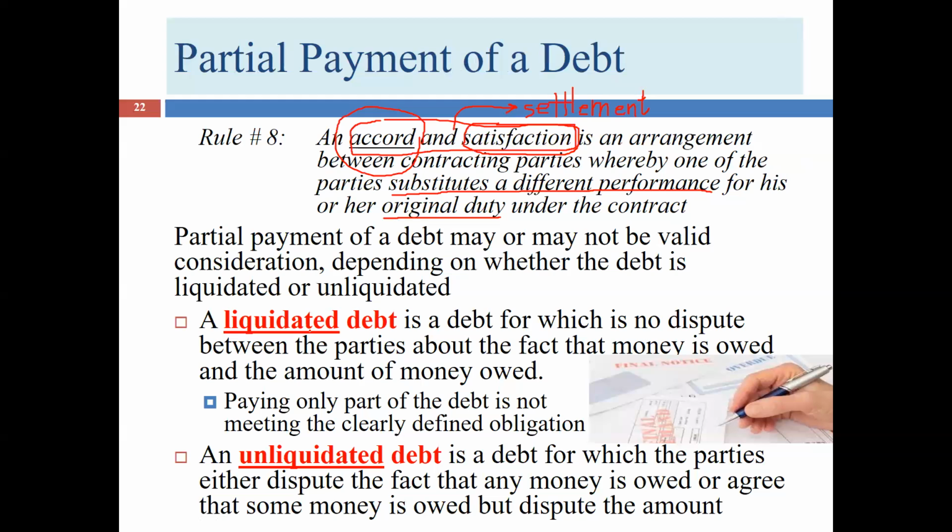But let's switch up the facts, and let me show you how it would look if the debt were instead an unliquidated debt. Let's assume that I'm supposed to finish the paint job by 6 p.m. on Thursday, but I don't get it done. In fact, I don't get it done until 6 p.m. on Friday. I'm a whole 24 hours late. The actual paint job I do is fine, but that has inconvenienced Bob.